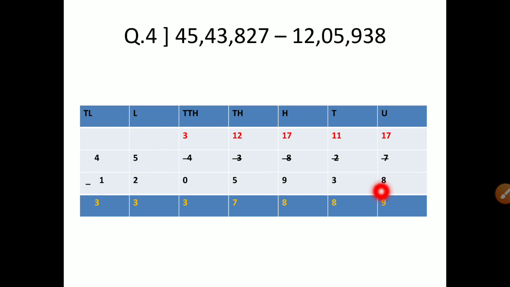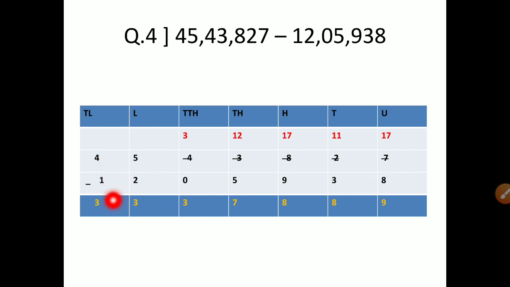7 minus 8 not possible, borrow from 2. This will make 17. 17 minus 8 is equals to 9. 1 minus 3 not possible, again borrow from 8. 11. 11 minus 3, 8. 7 minus 9 not possible, borrow from 3. 17. 17 minus 9 is equals to 8. 2 minus 5 not possible, borrow from 4. 12. 12 minus 5, 7. 3 minus 0, the answer will be 3. 5 minus 2, 3.